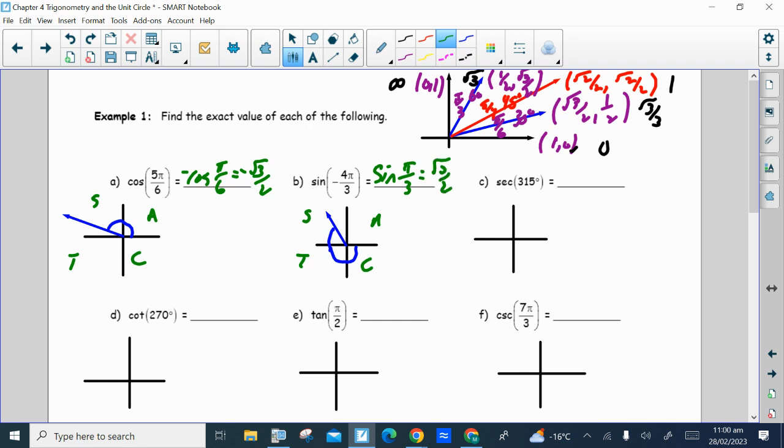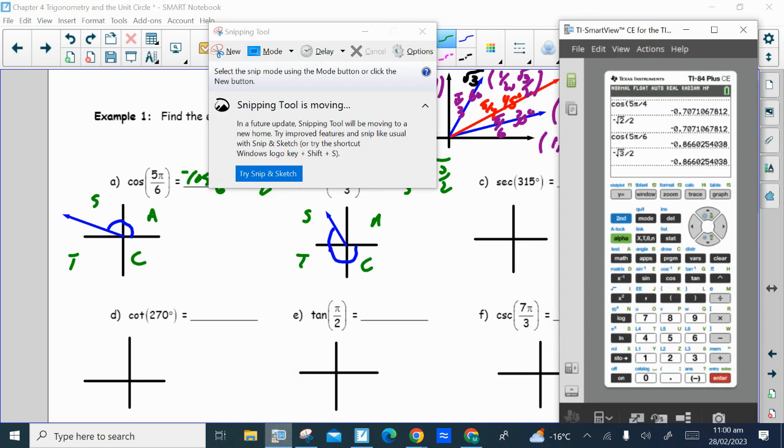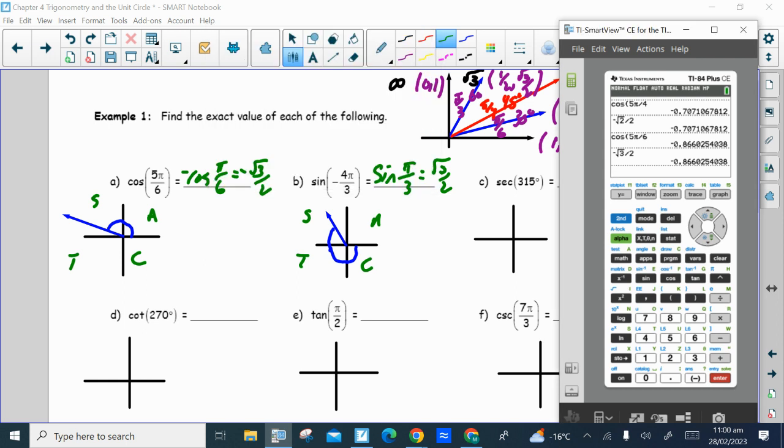So it'll be the same decimals we had for part A, except now it'll be positive, 0.8660. The sine of negative 4 pi on 3 is positive 0.8660.